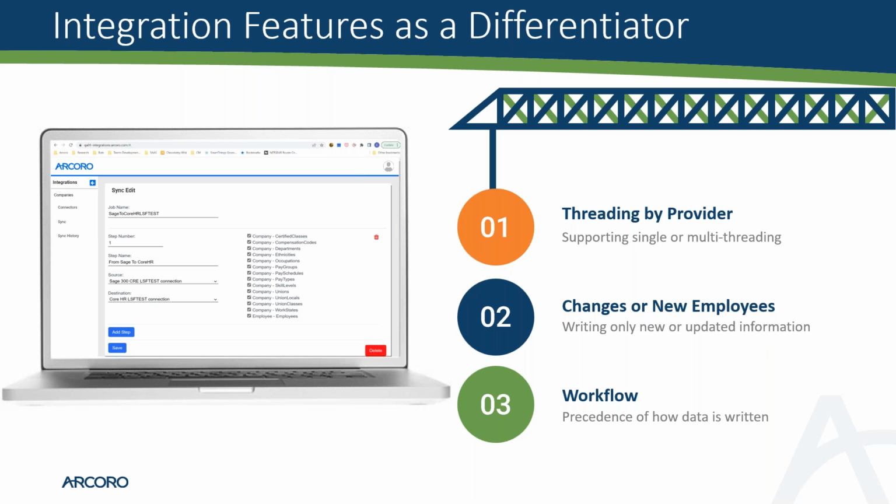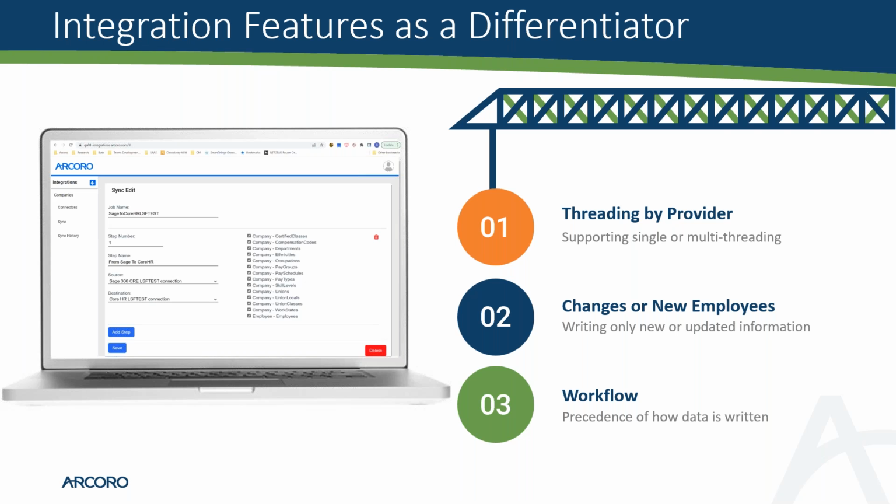Now to help with that, the second bullet here is changes or new employees. When we write data to providers, it's going to be just changes that happened in Core HR, and we do a compare to what's in the other system to say what's changed between the two, or deltas, if you will. And anything that's been changed, we're going to send over to be updated in that other system, the partner system. We'll also send new hires, new employees, because obviously they're not in that other system.